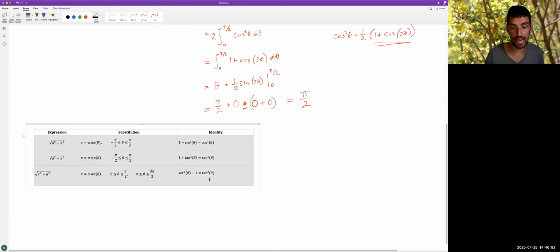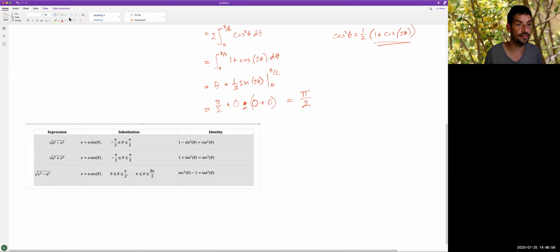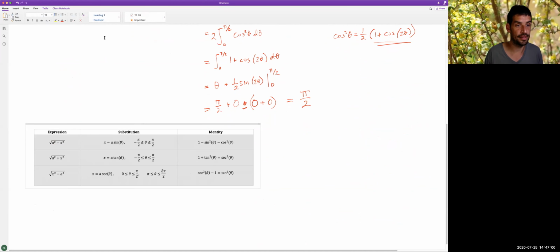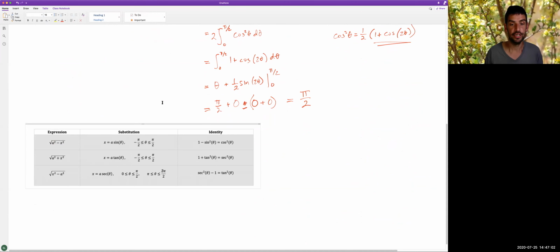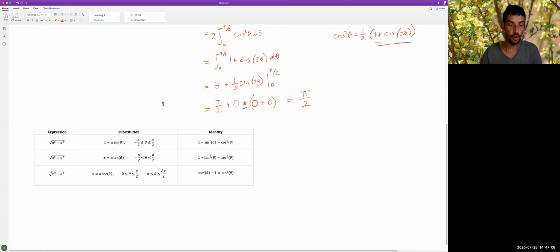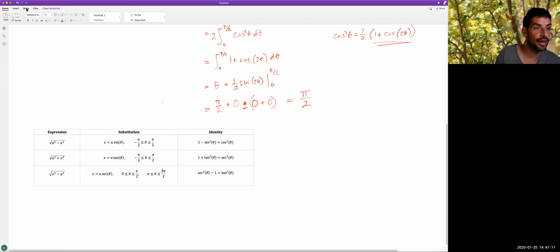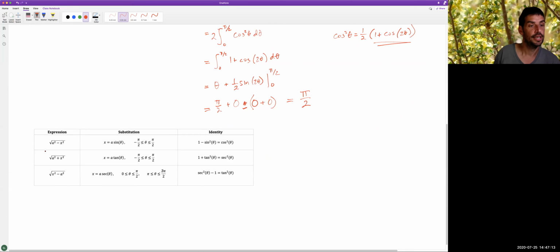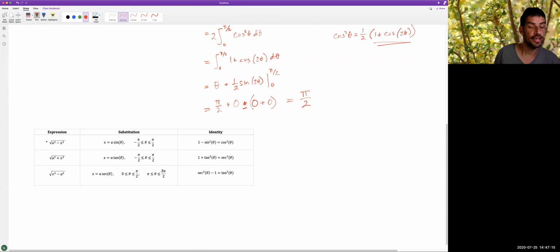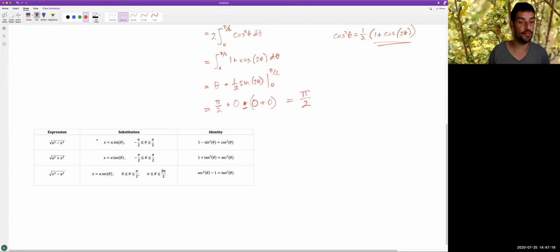So what we have is several different situations where we're going to try this method out. And I've got a little table here showing these different situations. What you're going to look for when you get to an integral, in this expression column, is something in your integral that looks like one of these.